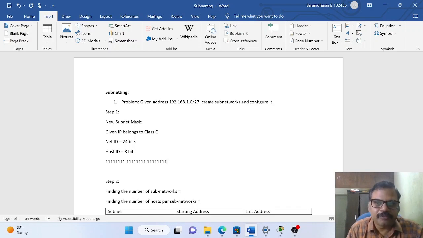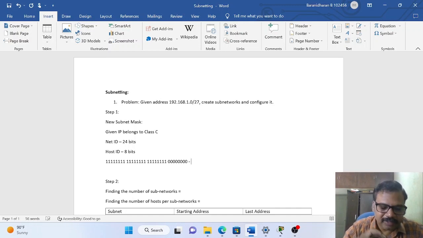So totally 24 bits for the entire net ID, I have entered the value 1. The remaining 8 bits are the host ID part, for that I put 0. So this is the default subnet mask for all class C addresses.